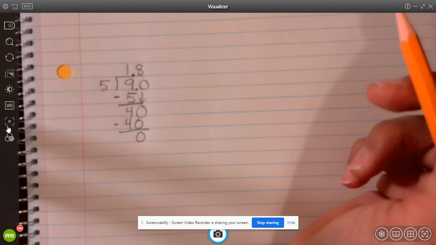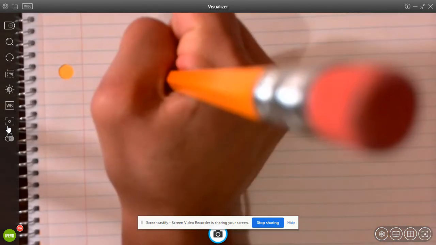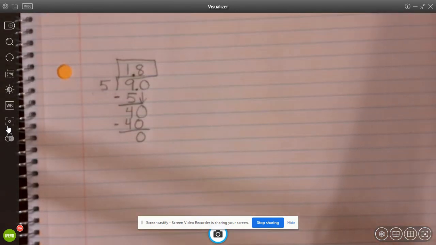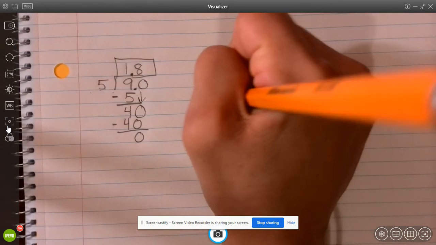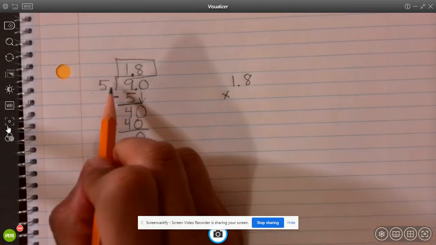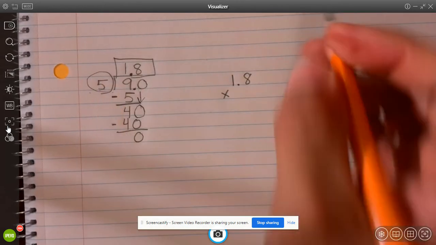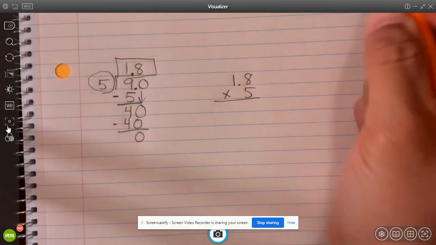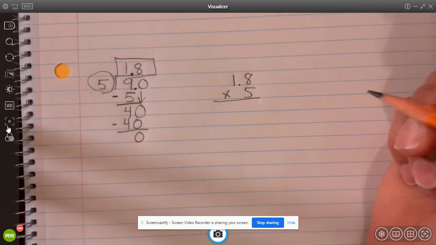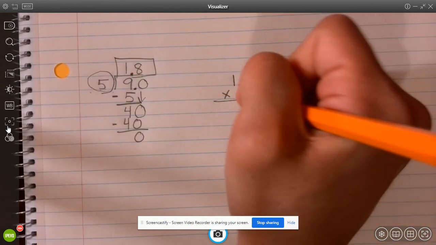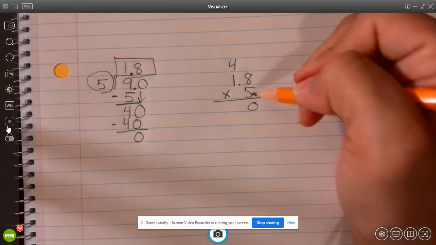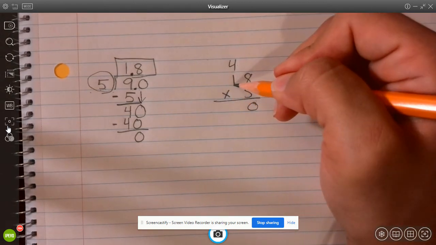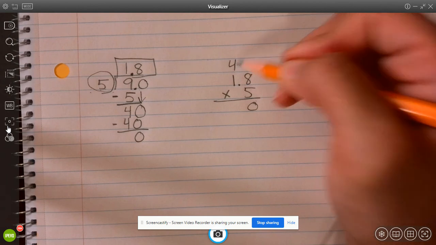Okay, but let's check to make sure this is correct. So I'm going to get my quotient 1 8/10, and I'm going to multiply it by my divisor, which is 5. 8 times 5 is 40. Put your 0, carry your 4. 5 times 1 is 5, plus 4 is 9.